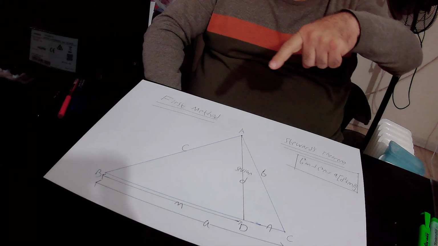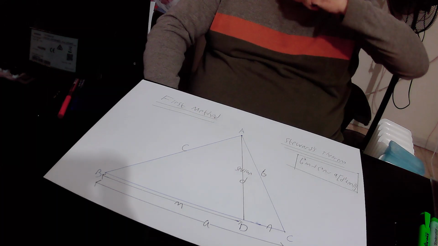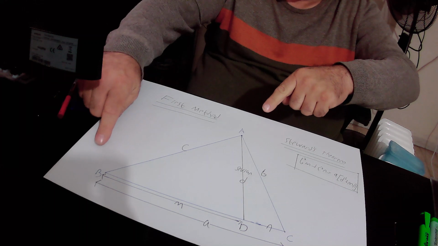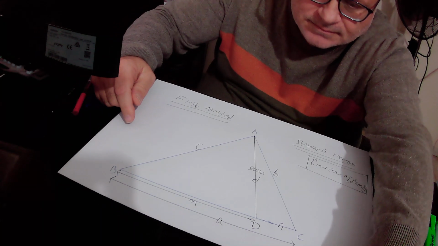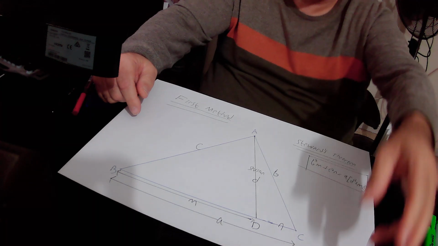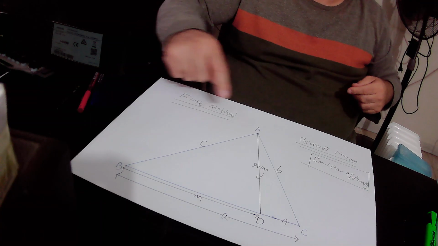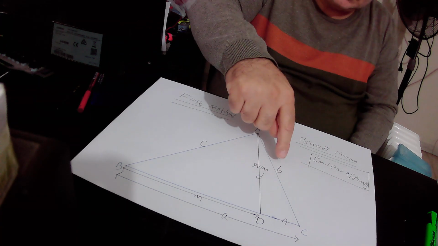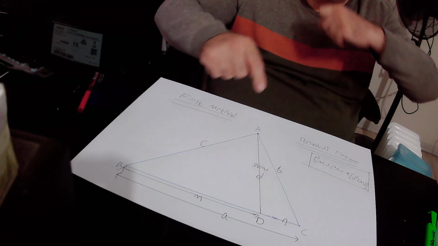In the drawing we have triangle ABC. We know that side AB equals C units, side AC equals B units, and side BC equals A units in its length.